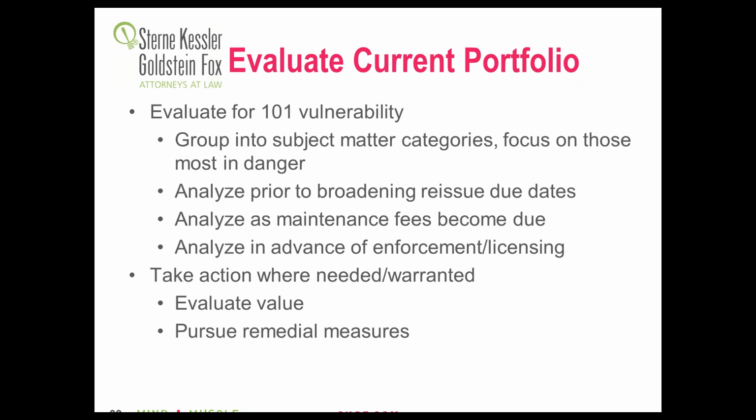Some of these remedial measures include, if you're still within the 2-year window for a broadening reissue, well, maybe you do that because there's been a change in the law. There is an option for supplemental examination.